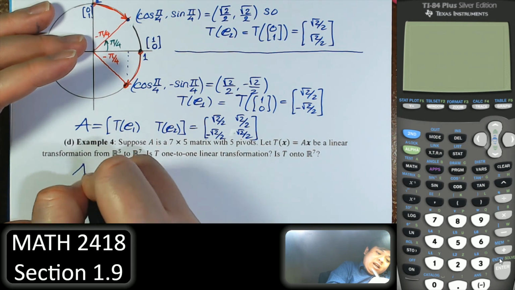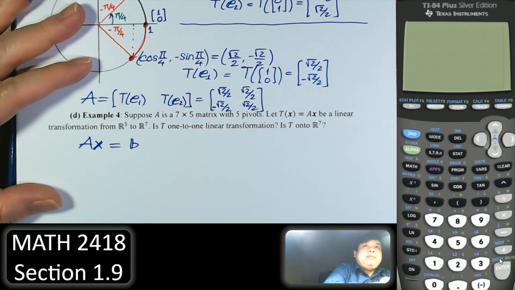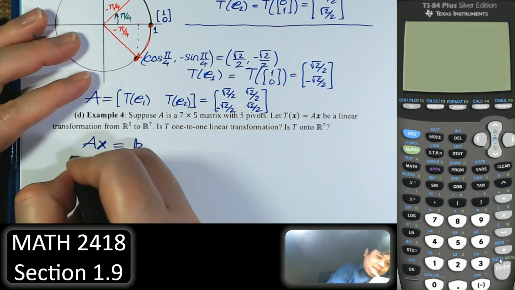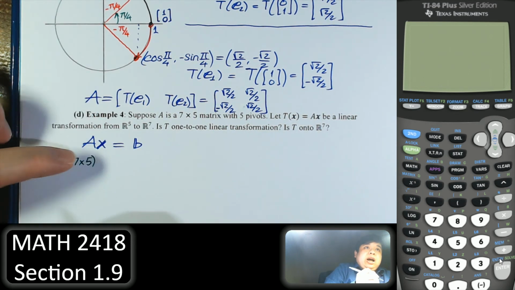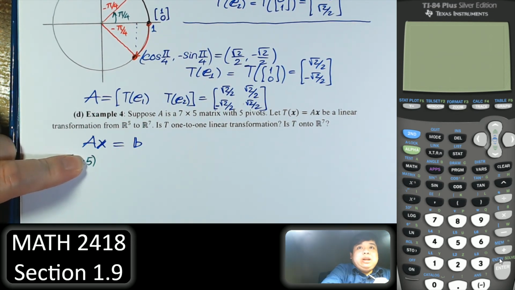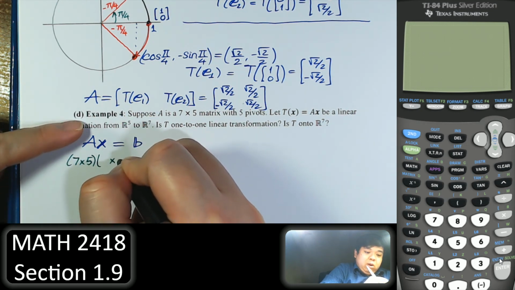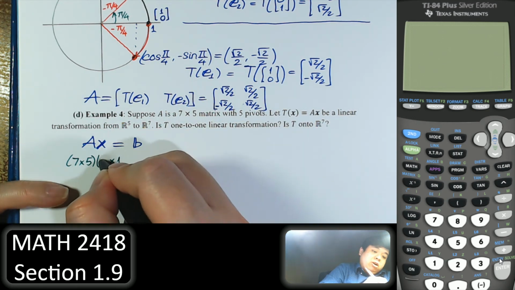So what is Ax? Let's write Ax equal to b. Right? A is 7 by 5. X is a vector, so it has to be a column, something by 1. And the middle numbers must match.